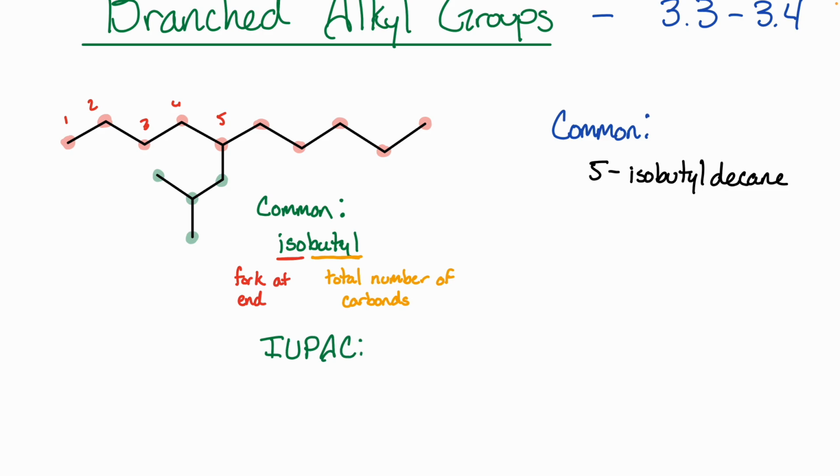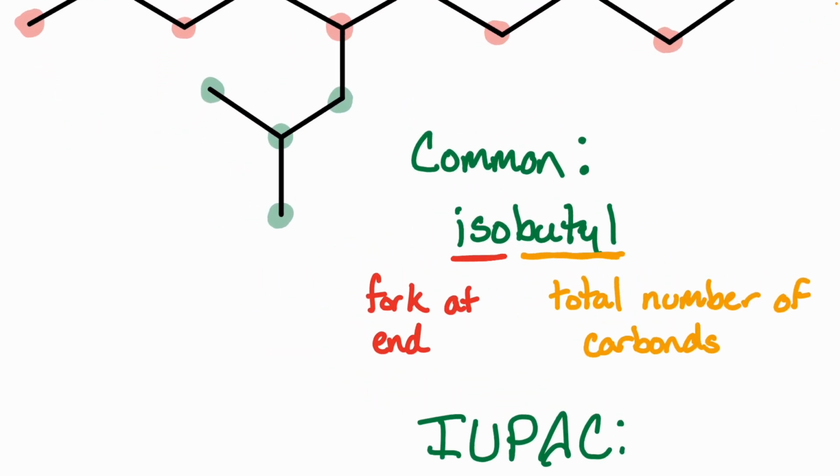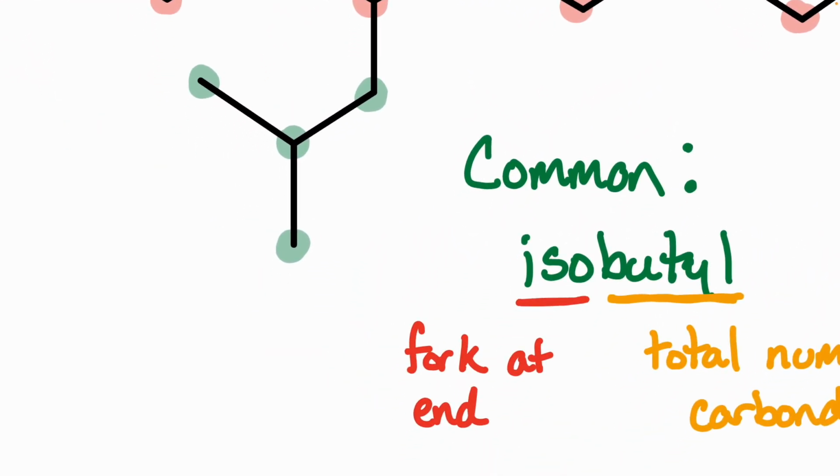And for the IUPAC naming scheme, we play a very similar game to what we play with our parent chain and our substituents. We're going to look at this branched alkyl group, and within that branched alkyl group, we're going to find our longest continuous set of carbons.